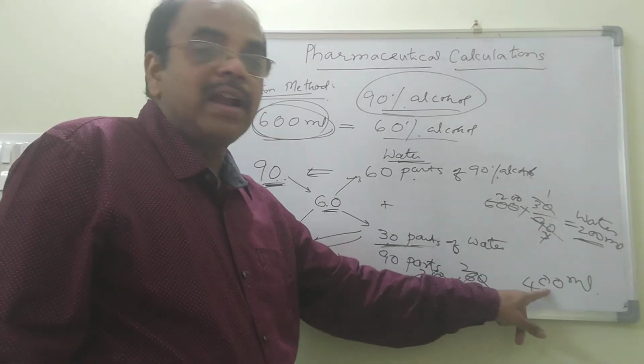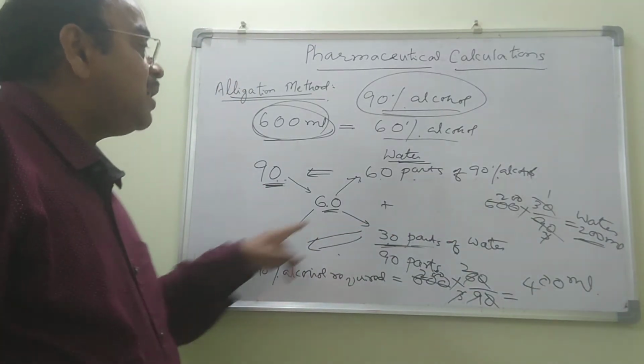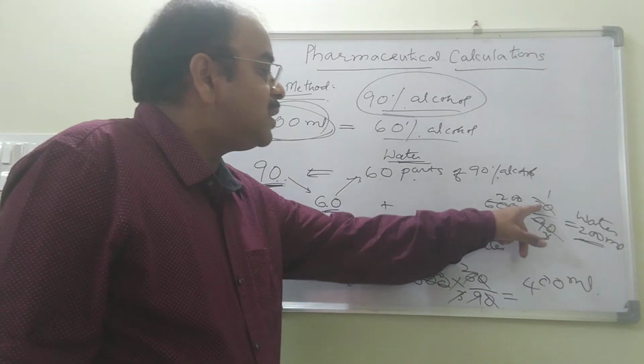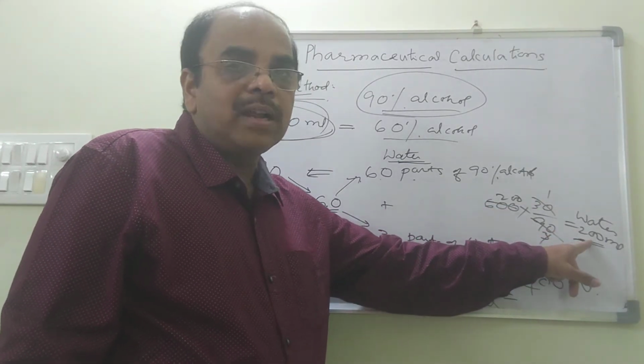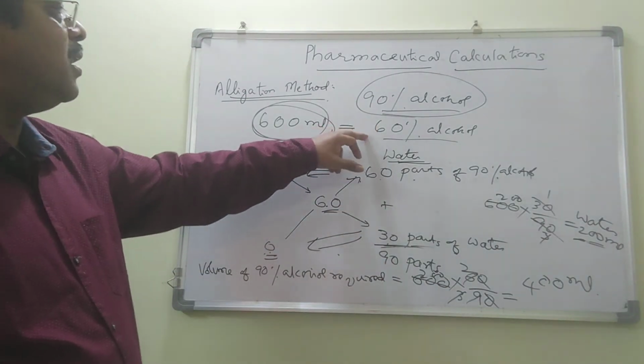You will get 400 ml. We require 400 ml of the 90% alcohol, and in the same manner for water: 600 into 30 by 90, we use 200 ml of water. You mix these two, and we get 600 ml of 60% alcohol.